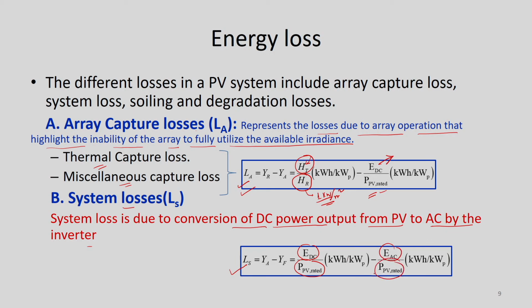So, once we know this expression for E AC and the energy generated from the DC side of the PV system, then we can calculate the system losses. So, if we combine these two, LA plus LS, then it becomes the total losses, right.